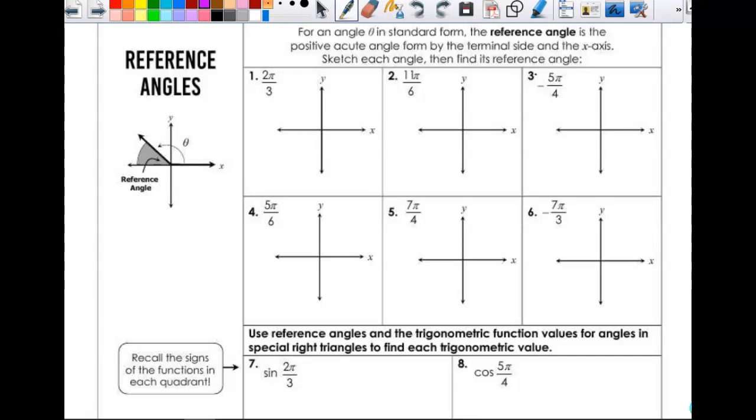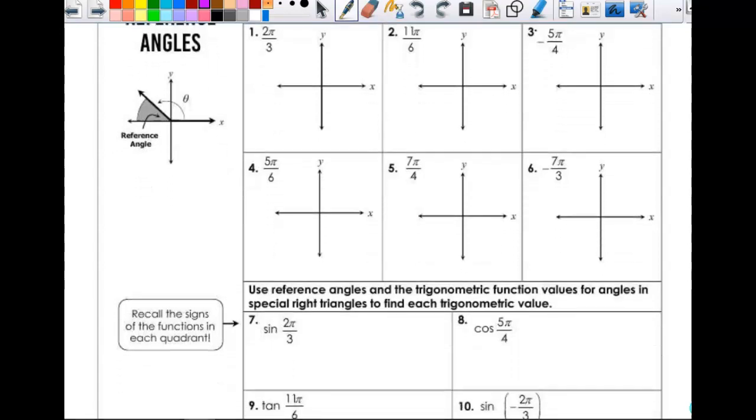So we're supposed to sketch the angle and then find the reference angle. Okay, so I'm going to sketch 2 pi thirds. But I want it to be as accurate as I can without getting out measurement tools. I know that I'm going to start here. I don't need to completely convert that angle. What is the measurement in degrees of just pi thirds? 60.